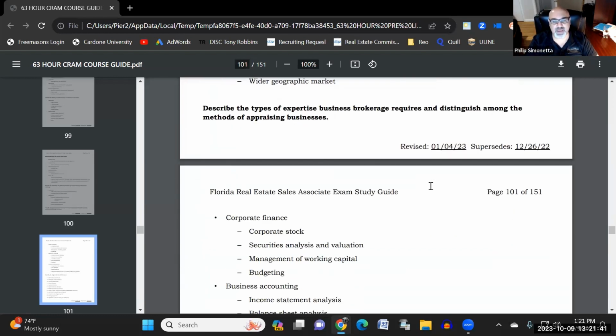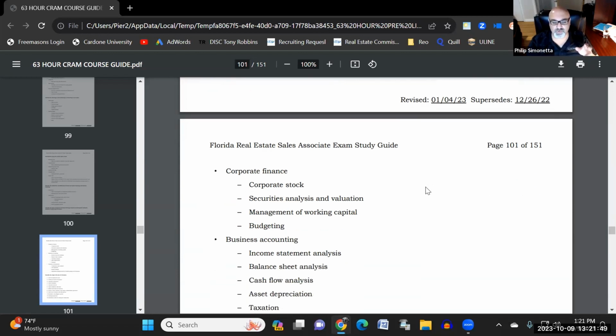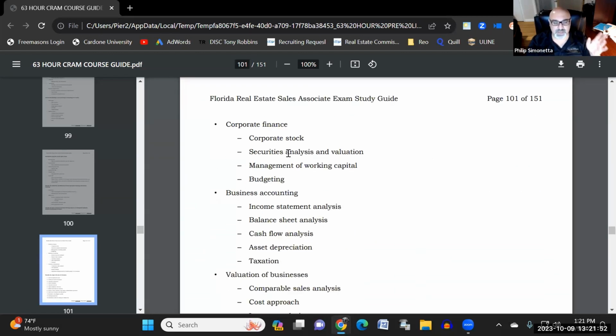Describe the types of expertise business brokerage requires and distinguish among the methods of appraising a business. So first of all, when you're doing business brokerage, you need to know corporate finance. You got to understand how to evaluate corporate stocks, securities analysis and valuations, management of working capital, budgeting.